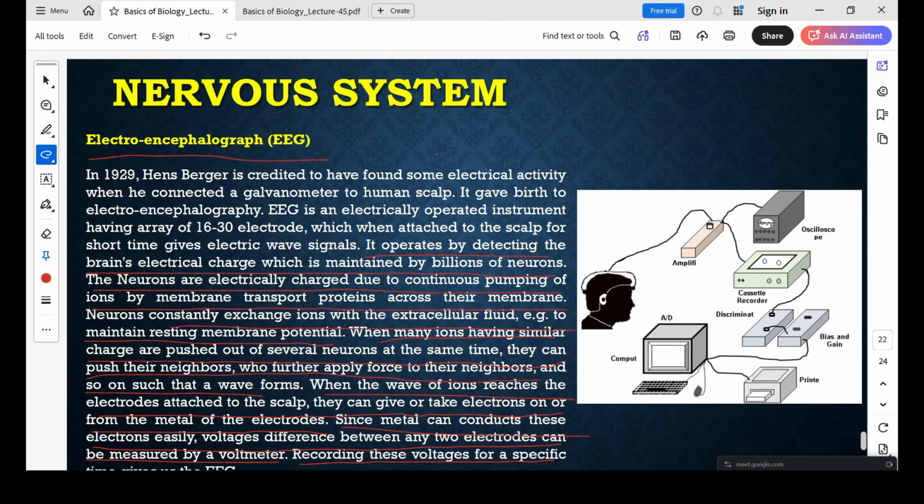It can be done while the person is walking. There are multiple kinds of EEGs that can be done, and depending on what kind it is, it will give a different kind of graph.